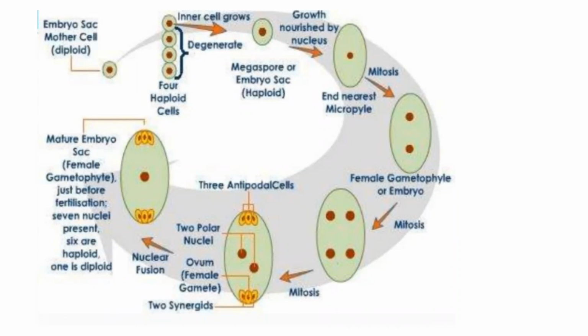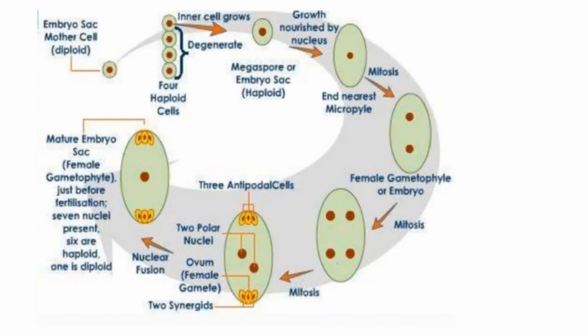In angiosperms there are two types of sporangium, crassinucellate and tenuinucellate.